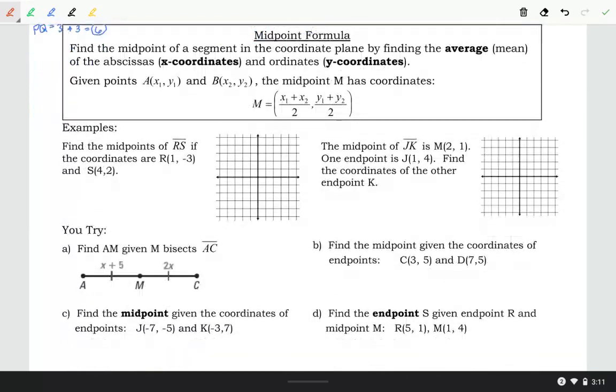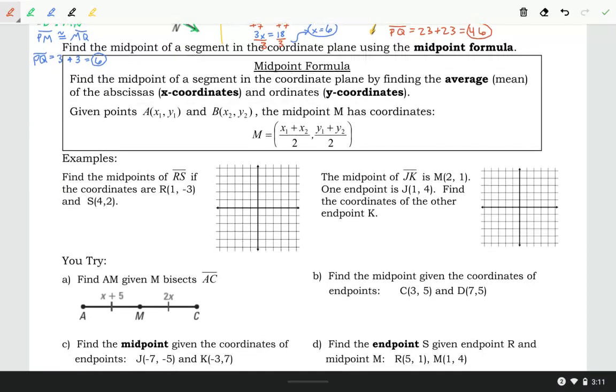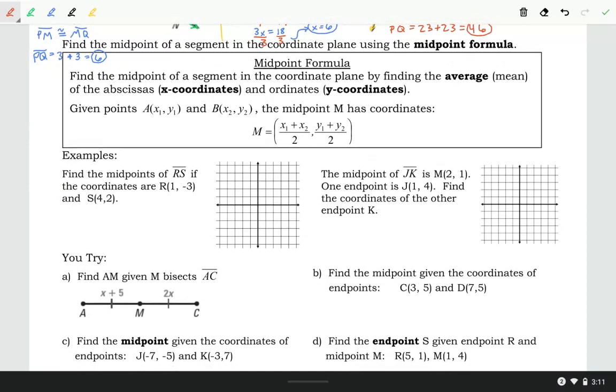Now we're going to get some practice on the coordinate plane. So to find the midpoint of a segment in the coordinate plane, we're going to average the x coordinates and the y coordinates. Okay, so this formula may seem a little scary, but it's literally just the average of the x's and the average of the y's.